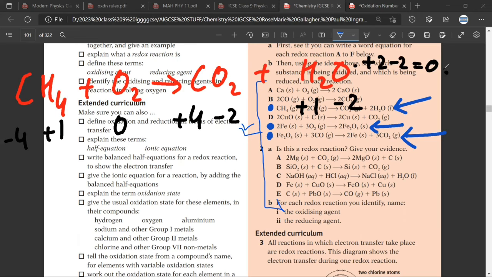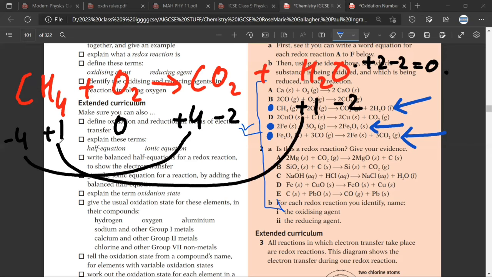Now in this reaction, my carbon has gone from minus 4 to plus 4.